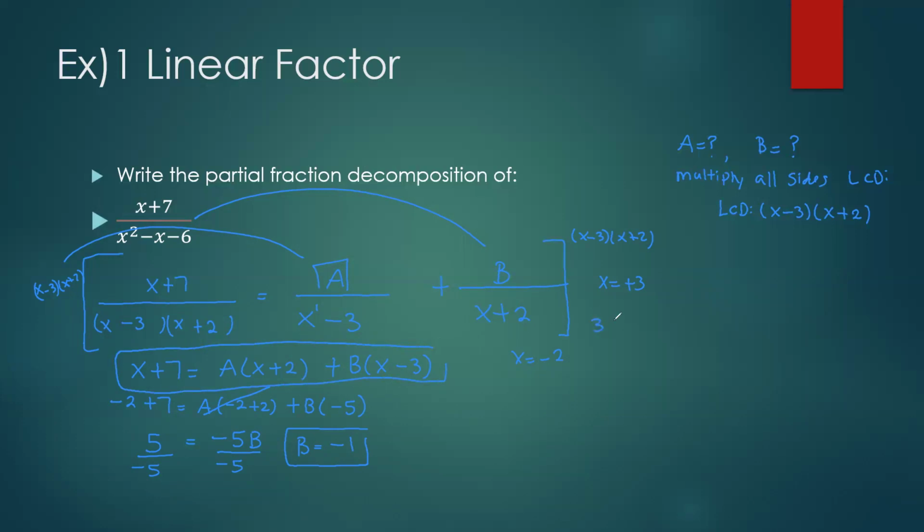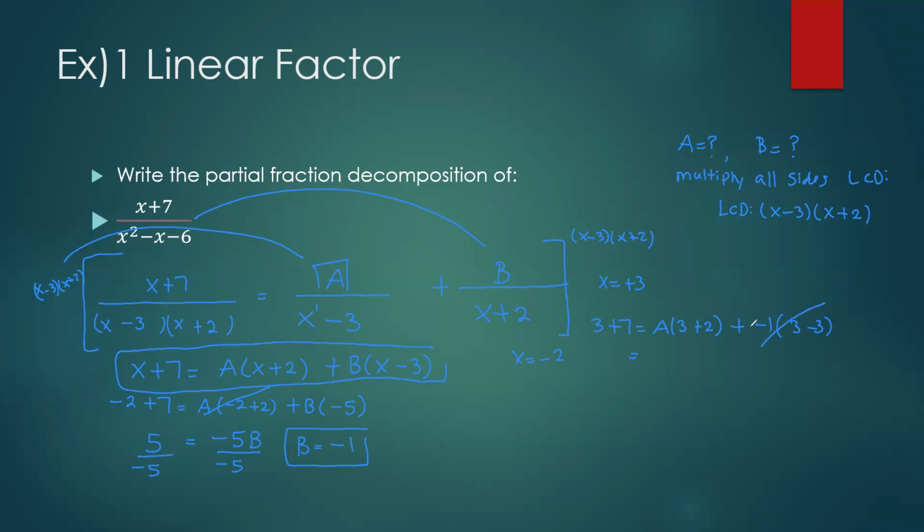So it's 3 plus 7. And then my x value is 3, so it's 3 plus 2, plus b, and we said that our b value is -1. So this is -1, and then my x value is 3, so 3 minus 3.